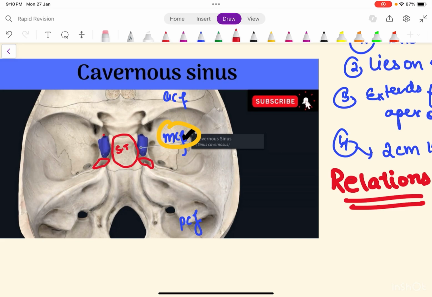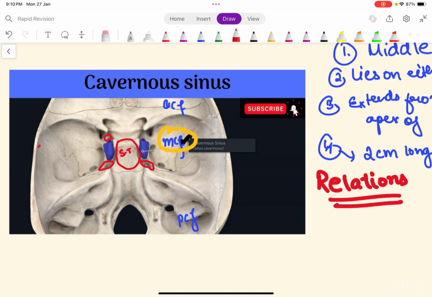And here I told you that we have the superior orbital fissure, so basically we will have the optic nerve. But that's not the relation that you should learn, it's just a way of remembering. Over here you will have the temporal lobe of the cerebrum. Inferiorly you have the foramen lacerum.